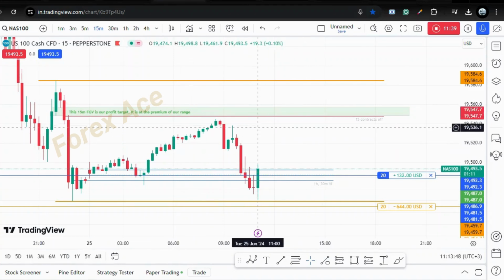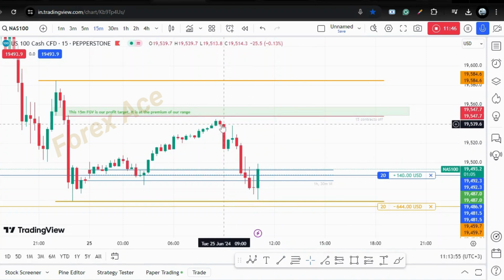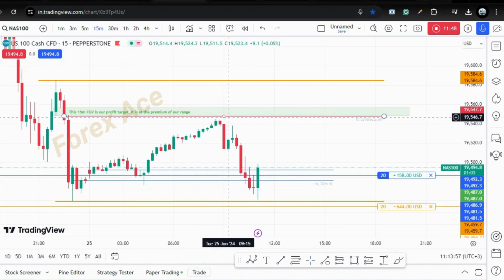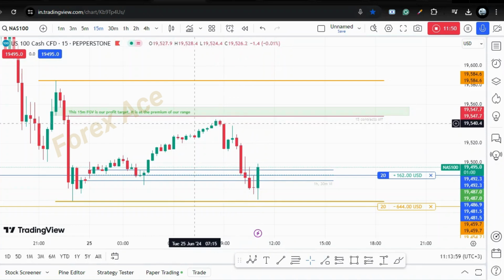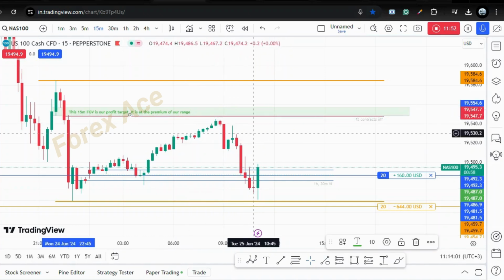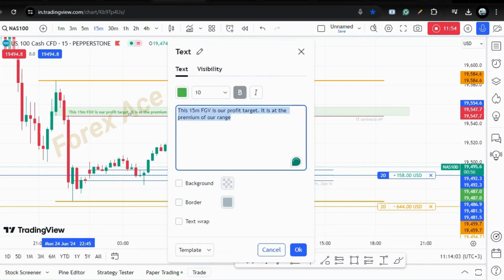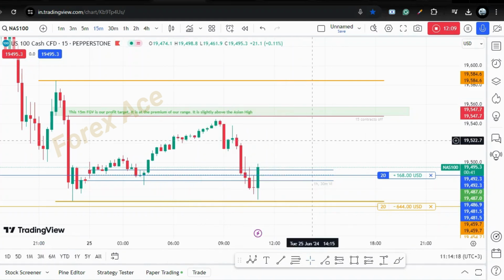So you can see we are targeting the low of the fair value gap, which I expect to be hit when the market takes out the weekend high. Okay.